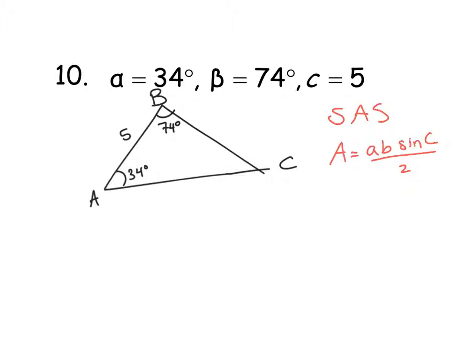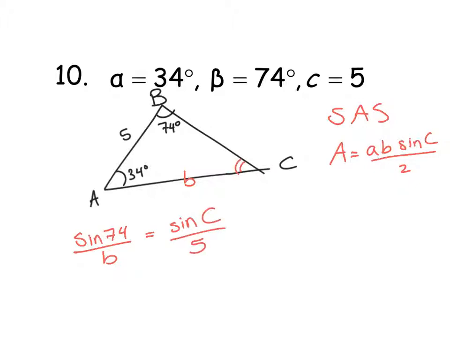So first of all, I either need to find side B or side A to be able to find the area of this triangle. So let's find side B. I can do that using law of sines. So sine of 74 over B equals sine of C over 5.